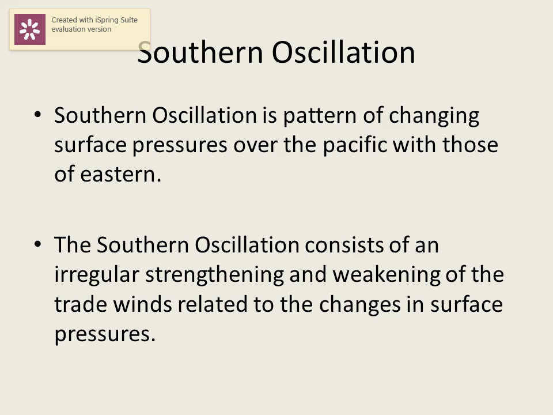Southern oscillation is basically a pattern of changing surface pressures over the Pacific region. The reason is usually the trade wind blows from east to west, but because of these irregularities in strengthening and weakening of the trade winds, the trade wind blows from west to east during the season of El Nino.